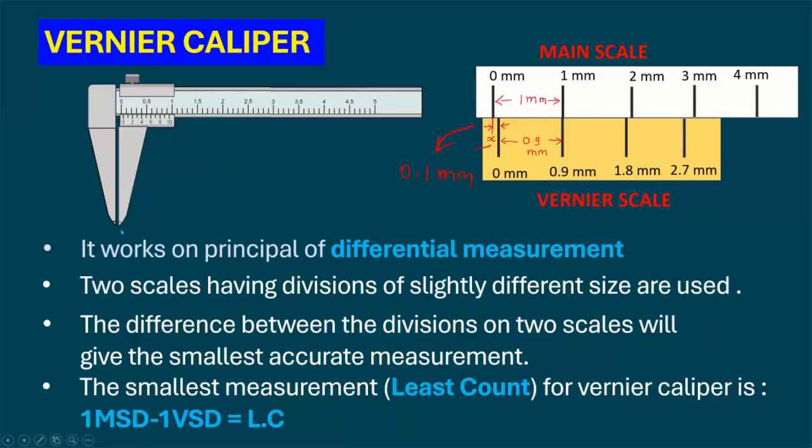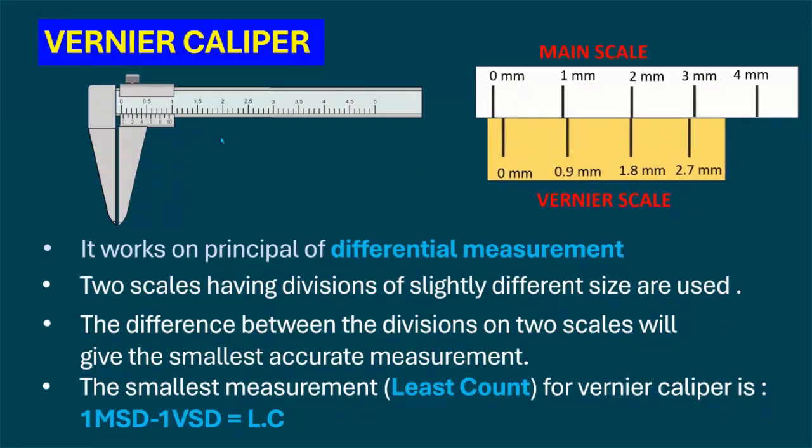Okay, now let me insert another object over here so that the size will increase, and then we'll try to understand. Now see, this has shifted further towards the right, and I can see the gap has widened. Now it is coinciding with the second division. You can see the second division of the vernier is coinciding perfectly with the second division of the main scale. That is very simple.